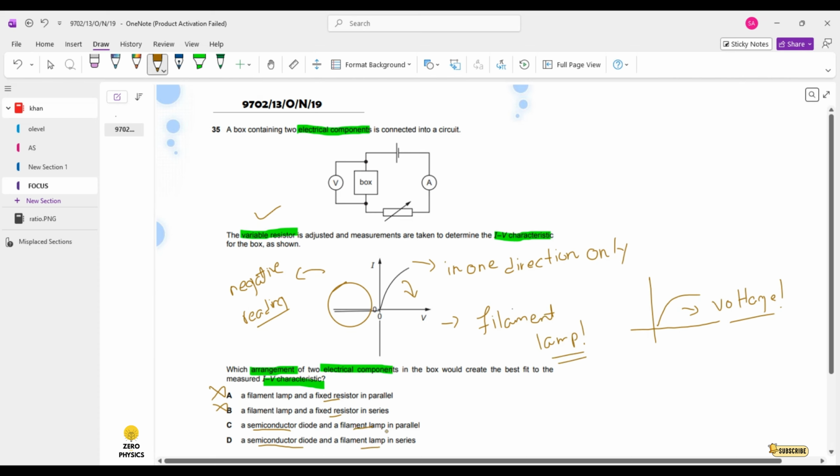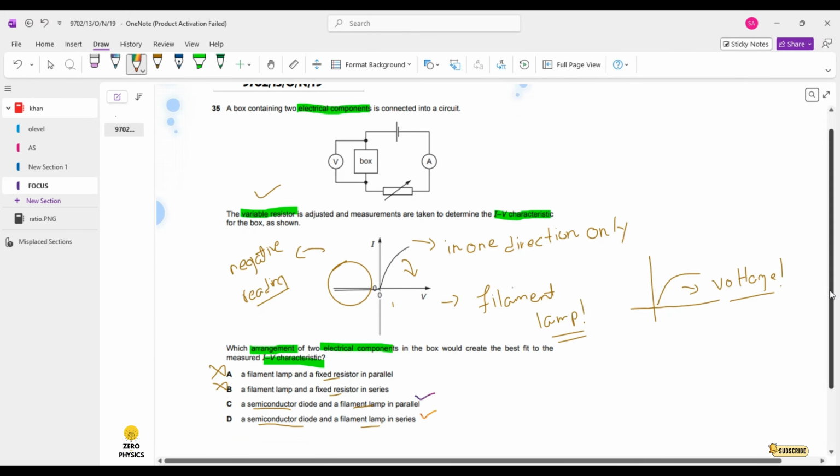So we have a filament lamp as well. So the debate continues because we need to tell if it is parallel or series. To get there, we need to understand one thing. Let me just remove this.